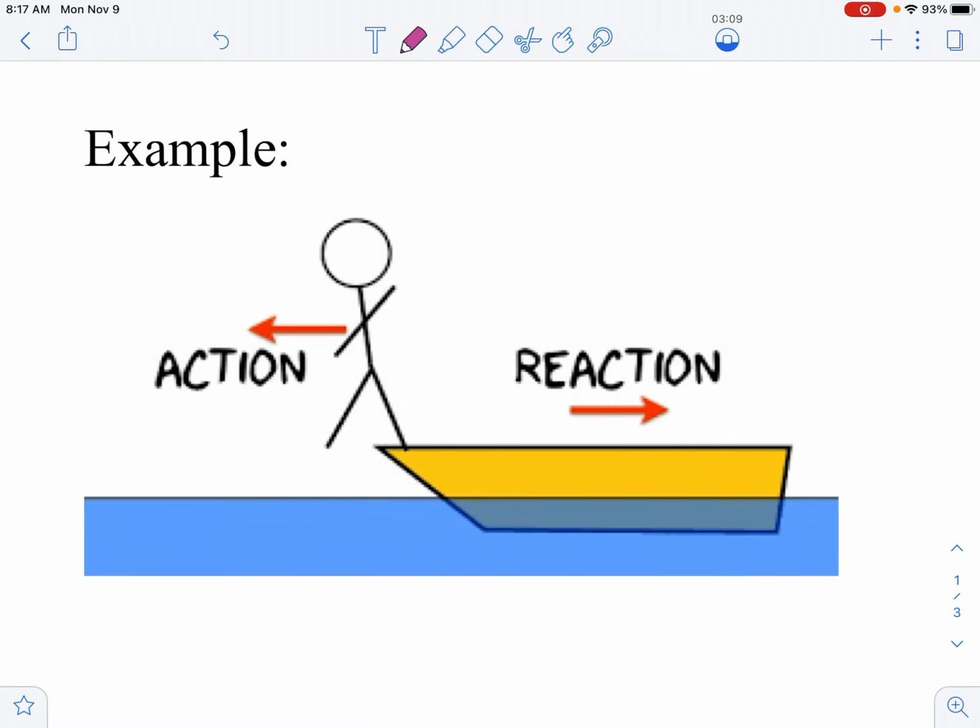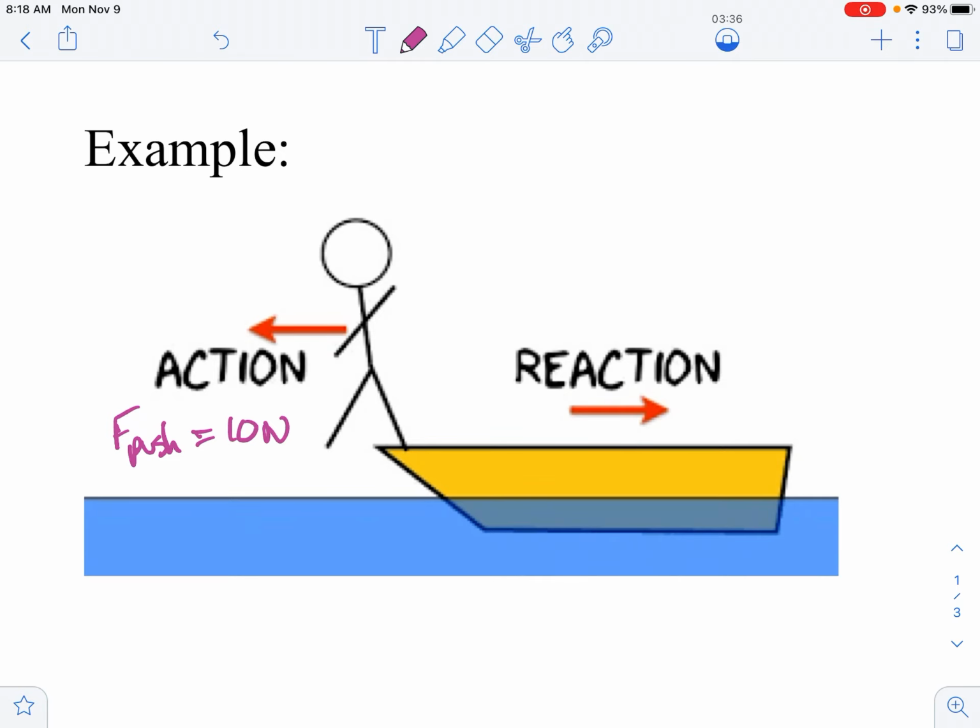All right, so what does that mean? Well, that means if we take our first example here, this person is stepping off a boat. So think about this. If the person steps to the left, they're pushing on the boat, right? So the boat is going to push back on the person. Person's going to go one direction, the boat's going to go the other direction. So let's say that this person is pushing, we have a pushing of 10 newtons to the left, okay?